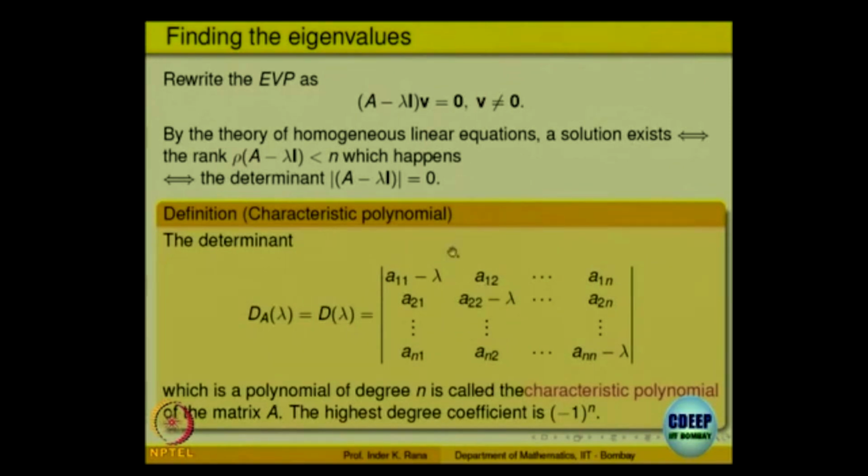Lambda to the power n, it will be minus lambda, minus lambda, minus lambda, so minus 1 to the power n, that factor will come out anyway, right. So it will be minus 1 to the power n into lambda to the n plus something equal to 0, right. The problem is how to solve that polynomial, find the roots of that polynomial. These are the values which are going to be called the eigenvalues of the matrix, right.